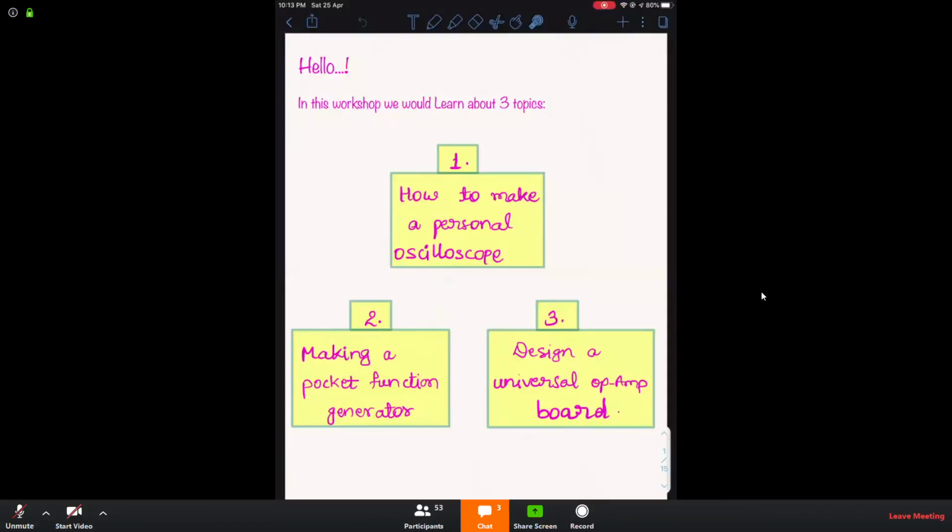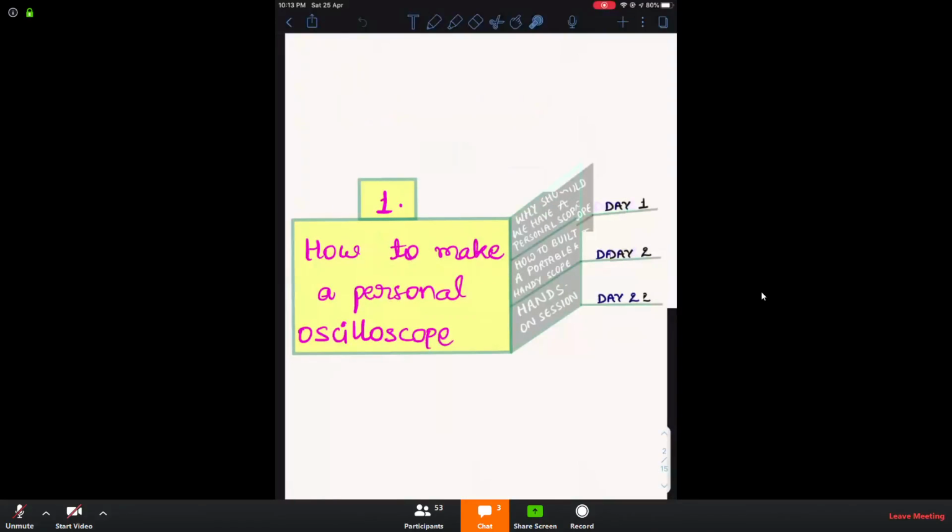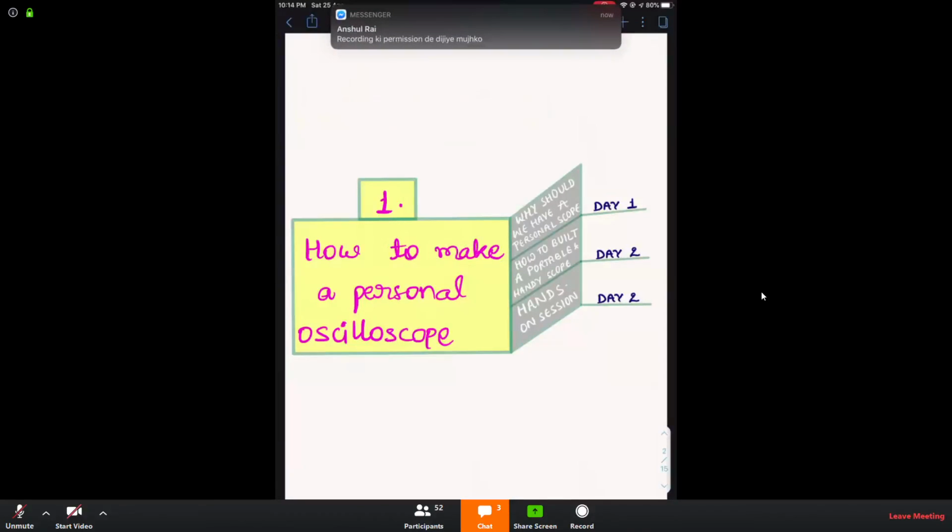Okay, so let's now jump to our first topic. This is the outline for the first topic, in which we will learn how we can make a personal oscilloscope. See, before making anything, suppose we are discussing making an oscilloscope, the first question that comes to mind is why should we make it?